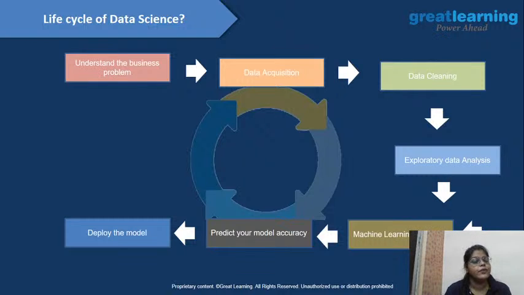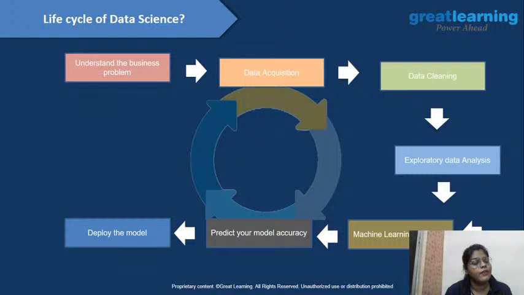After that we go for exploratory data analysis. What is exploratory data analysis? In short, it is known as EDA, right? In exploratory data analysis, we use some statistical concepts. So basically in data science we need to have a few pillars. One is linear algebra. You have to have a good idea about basic linear algebra, right?